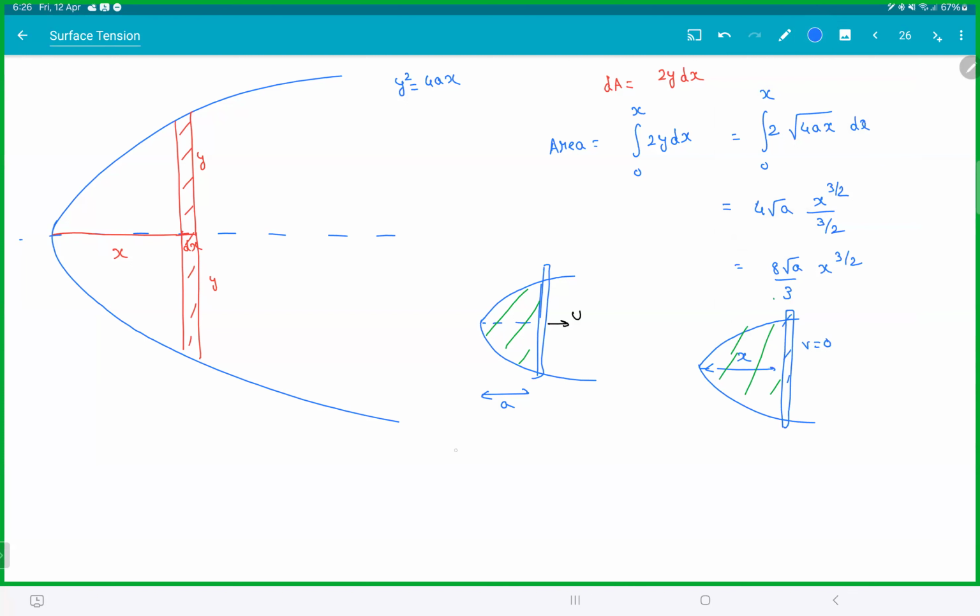So the surface energy is equal to change in kinetic energy. So that will be 2 into S into the new area, 8 root a by 3 x power 3 by 2, minus the initial area, 8 root a by 3 a power 3 by 2, is equal to half mu square. Easy?